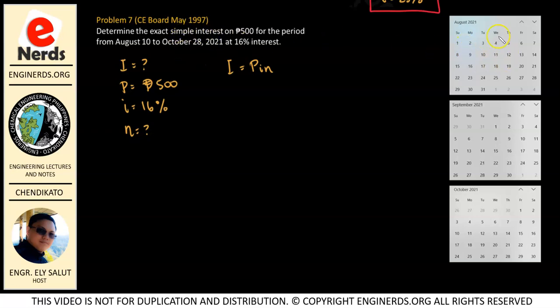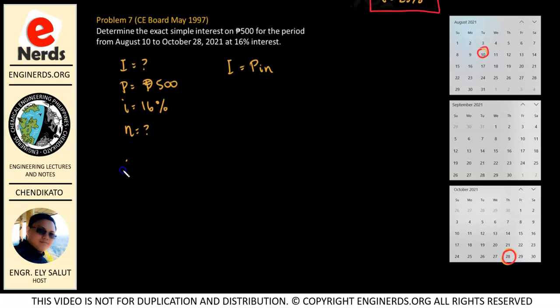So meron tayong calendar dito, no? So from August 10, until October 28. So our October 28 is right here. So let me change that to red, para mas kitang-kita.